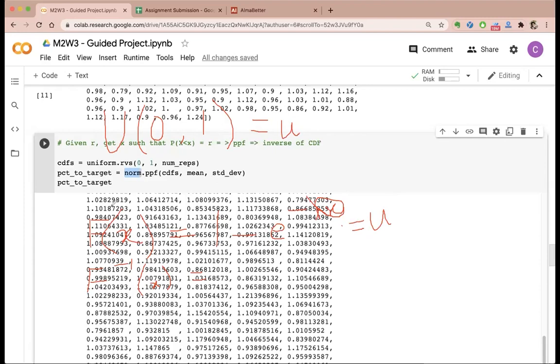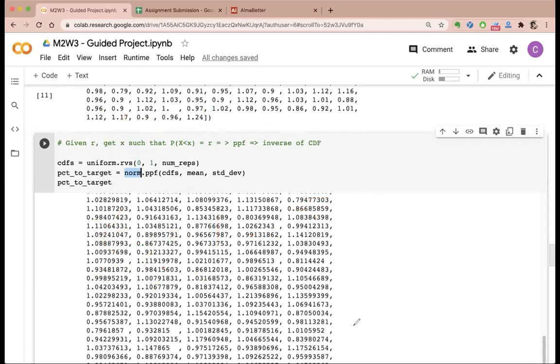This is what you are essentially doing here: just taking a uniform value, say 0.1, so you are saying that f of x is 0.1, then what is the value of x? This is how you can generate values of x which will correspond to the original population.